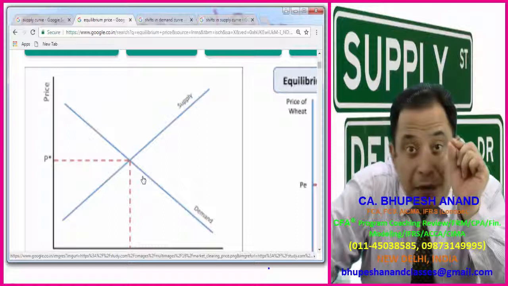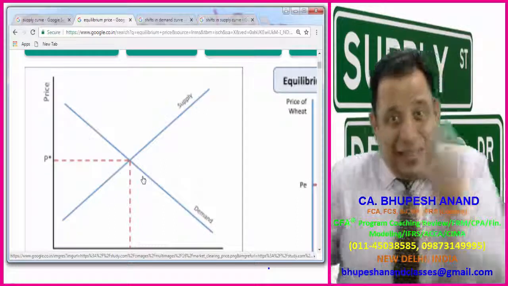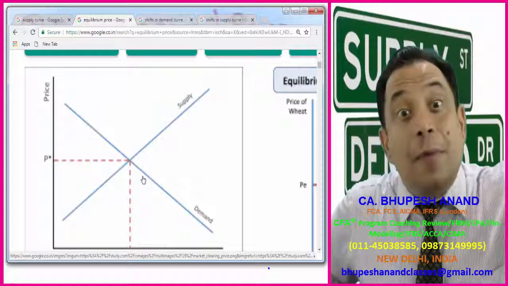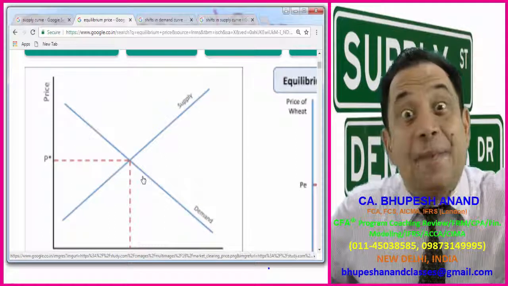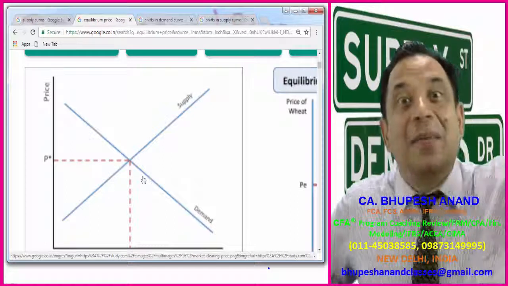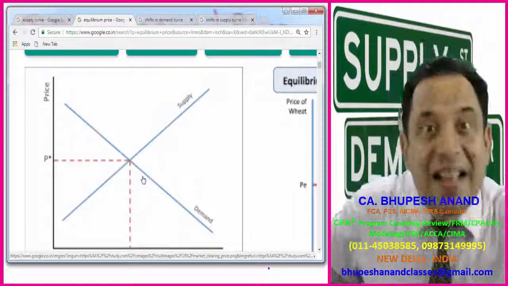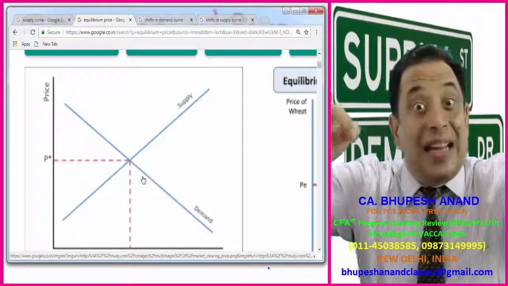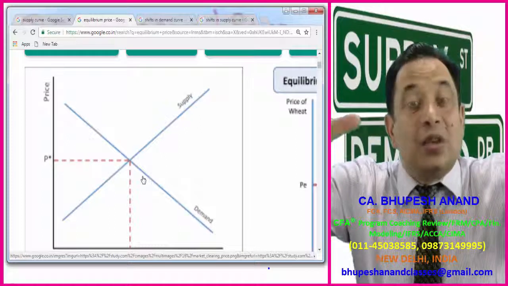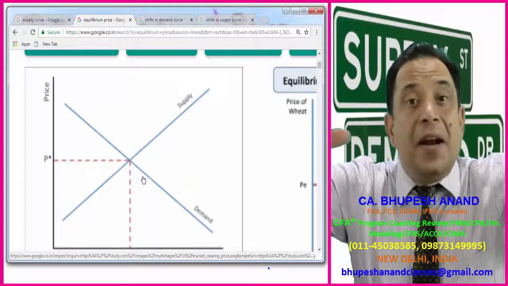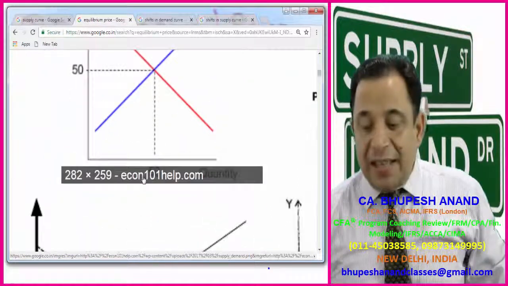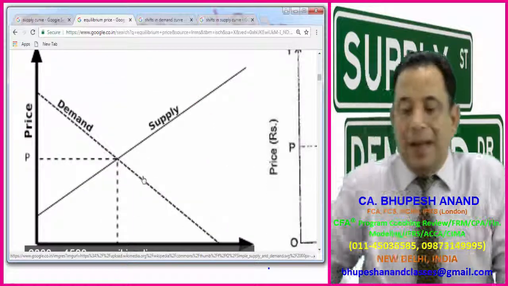If I draw a perpendicular from that point to the y-axis, I can get the equilibrium price. That is, at that point, quantity demanded will be equal to quantity supplied. And if I draw a perpendicular to the x-axis, I can calculate the equilibrium quantity. So this is the point where quantity demanded is equal to quantity supplied. That point is named equilibrium.